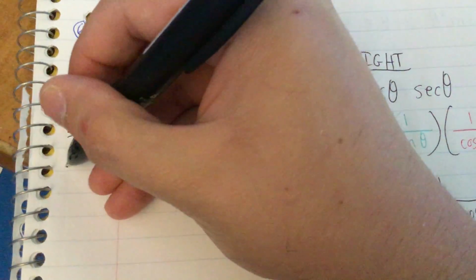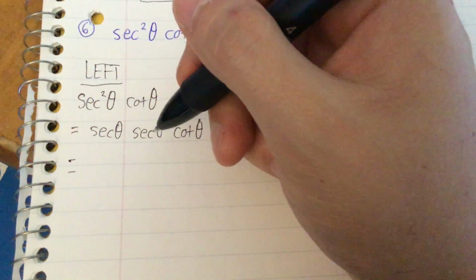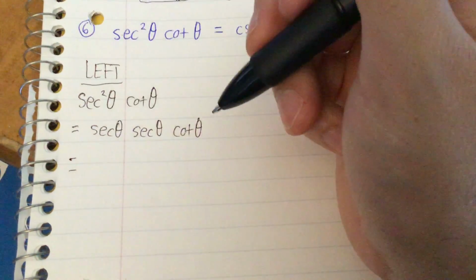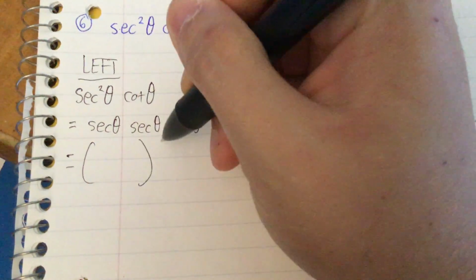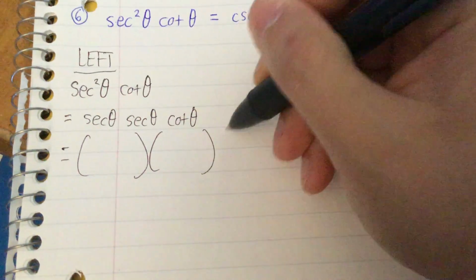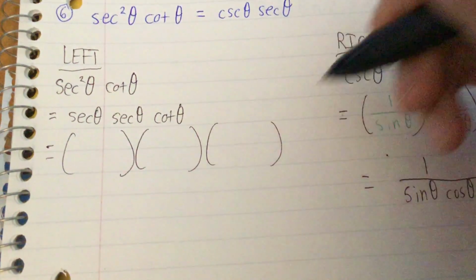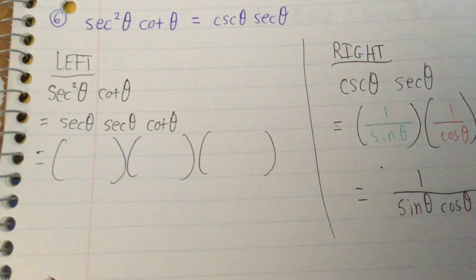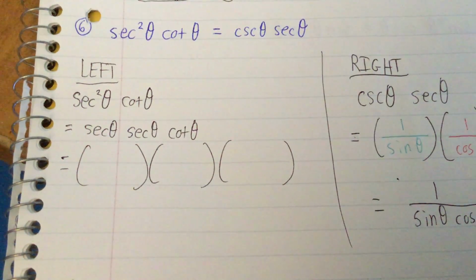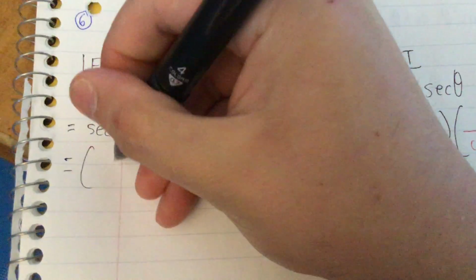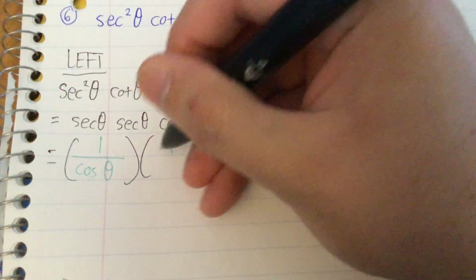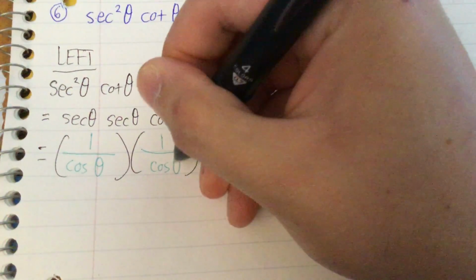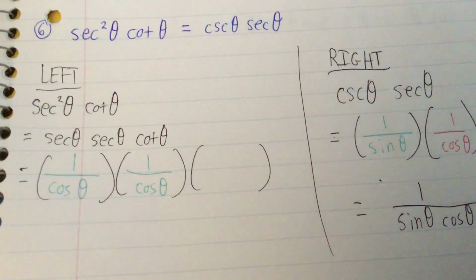So what do we got here? Well, secant squared is equal to secant times secant. I just broke that down. Well, I can break down secant into 1 over cosine. Sorry, let me get my green. So secant is 1 over cosine. Secant is also 1 over cosine. And I'm going to break down cotangent.